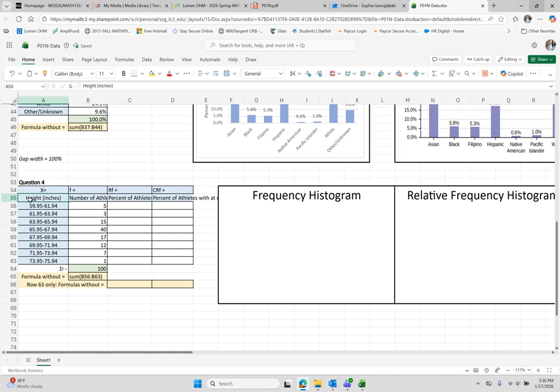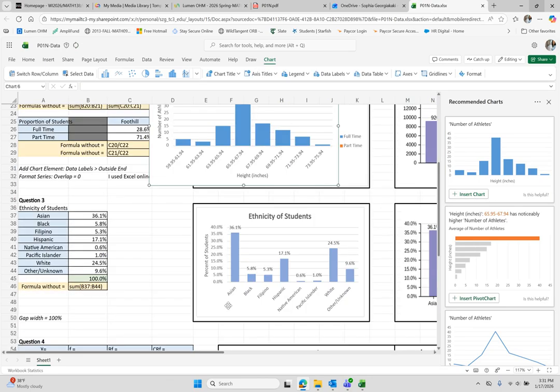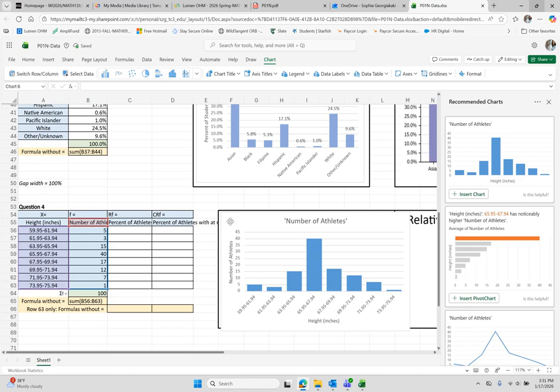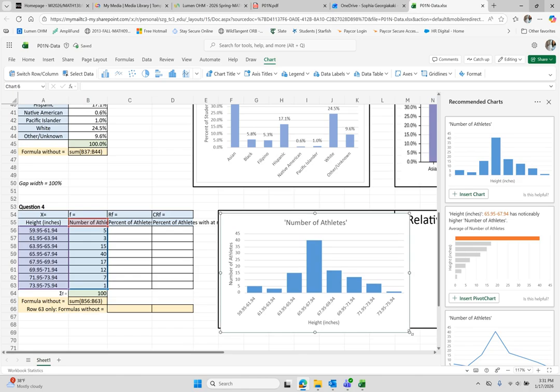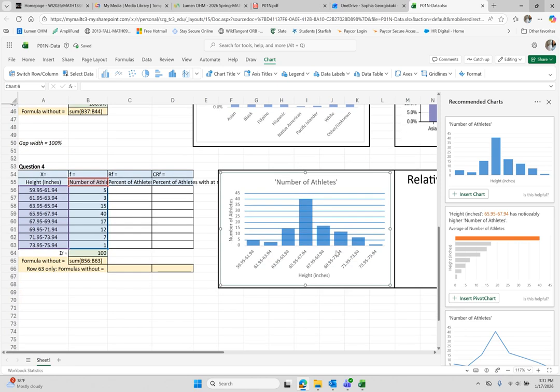And then I highlighted the height and the number of athletes, the two titles and the values, and I will insert a recommended chart of this bar graph. So I'm going to insert that. And I will position it where it needs to go, and I will shrink it.